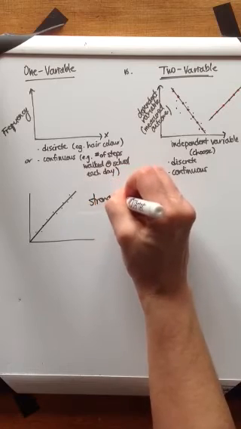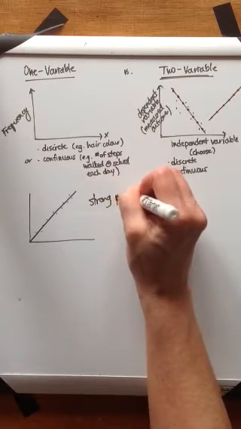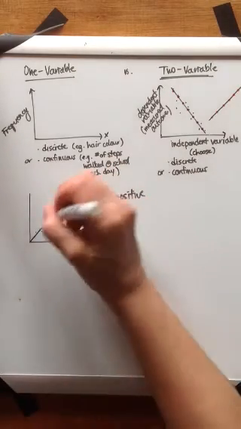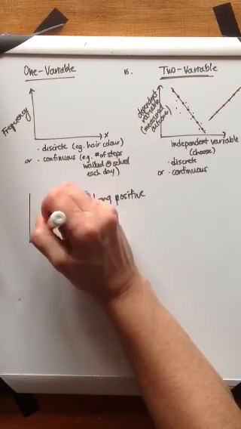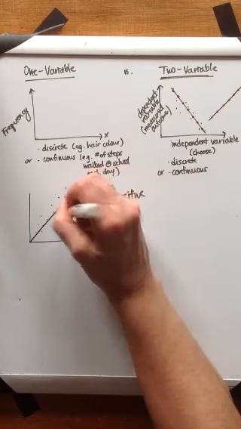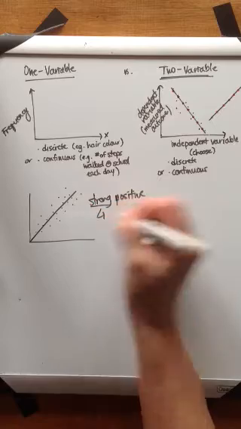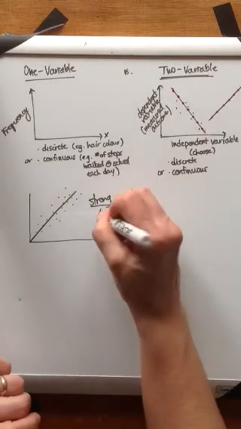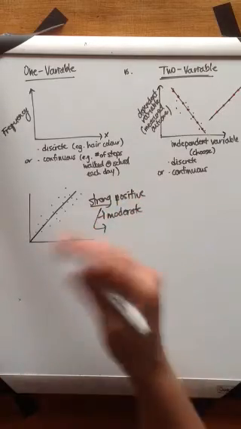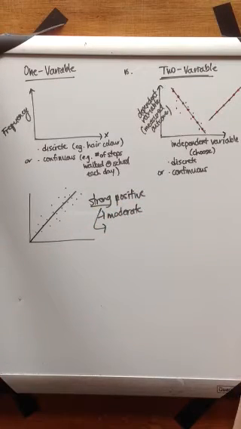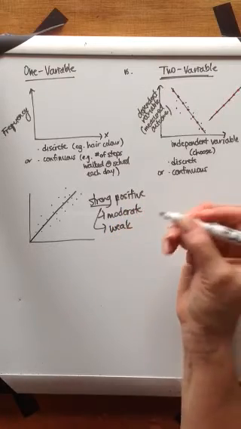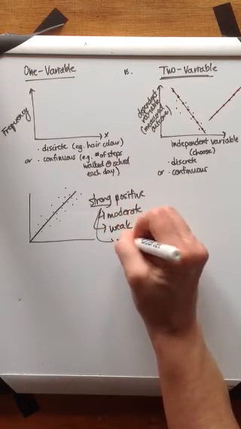A strong negative would be the same idea, only using a negative slope. But if the points start to get further and further away from that best fit line, instead of using the word strong, we can downgrade it to moderate, or if it really looks like a scatter plot with no great line at all, we could call it really weak, or maybe even nonlinear.